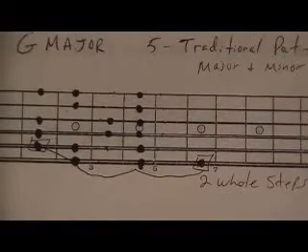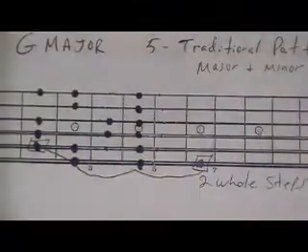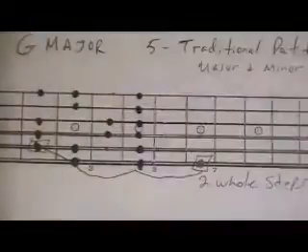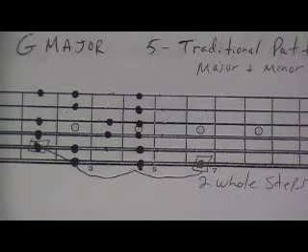Okay, what I'd like to talk about now is what makes the modes a major or a minor. What makes something major or minor, and even when it comes to building a chord, is the third. Now you might have heard people say a minor third or a major third, and what they're talking about is the third note in the scale pattern, where it lands.